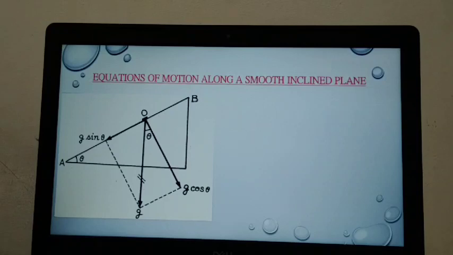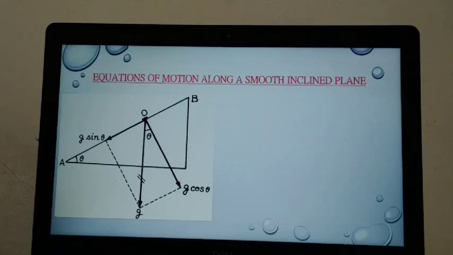See the diagram. AB is that inclined plane making an angle theta with the horizontal direction. That is theta is the inclination. And O is the object and it is sliding down.